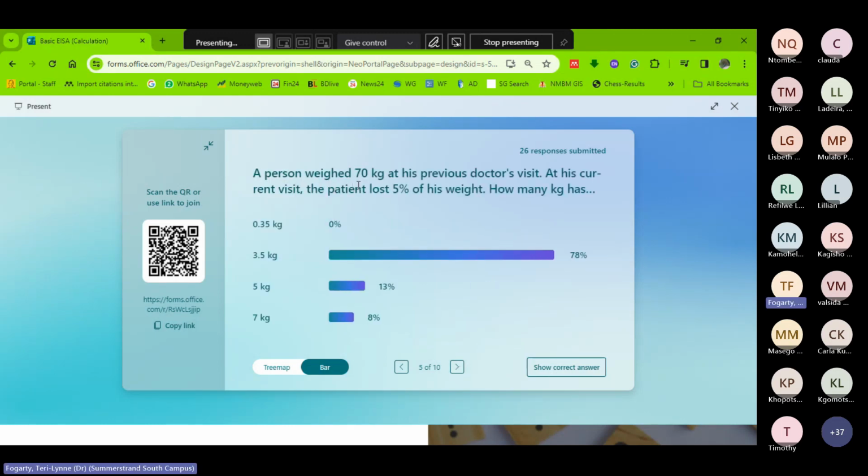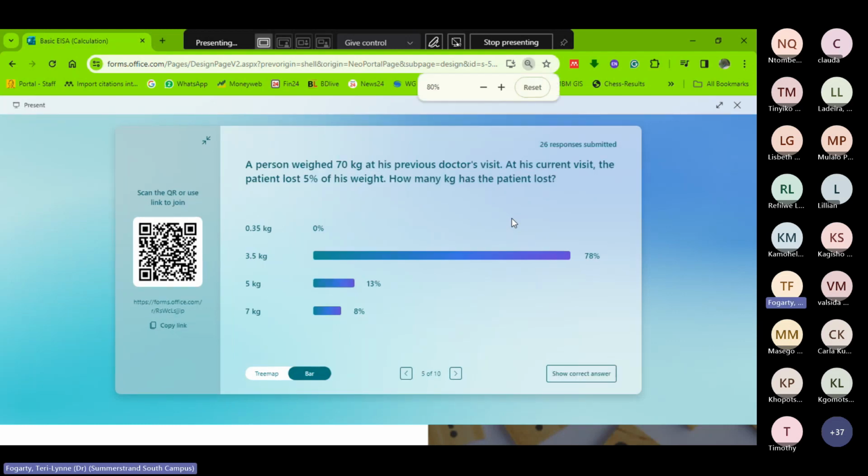A person weighed 70 kilograms at his previous doctor's visit. At his current visit, the patient lost 5% of his weight. How many kilograms has the patient lost? So between his previous visit and his current visit, he's lost 5% of his body weight.